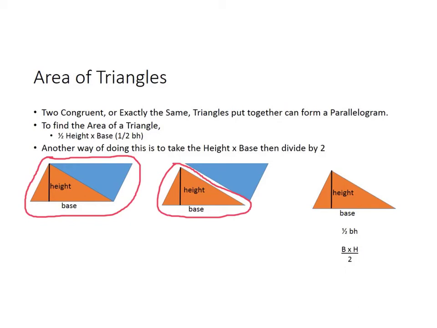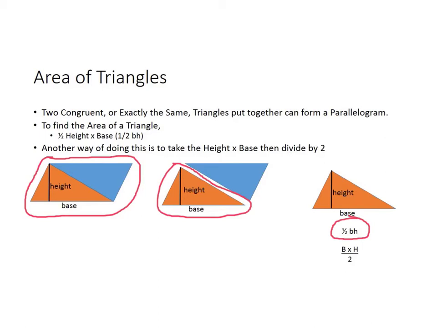So to find the area of a triangle, you're going to do half of the base times the height. So an easier way to do this is the equation looks like this. You're going to take half the base times the height.